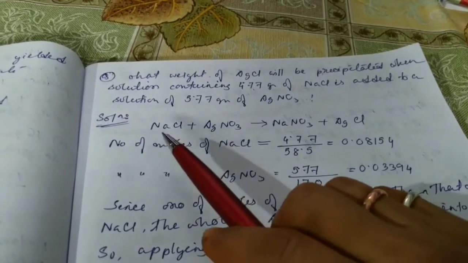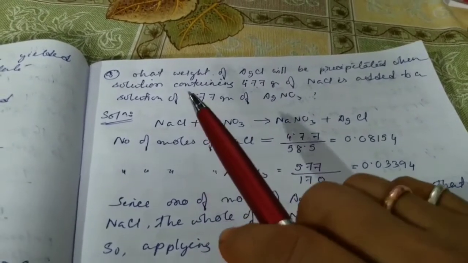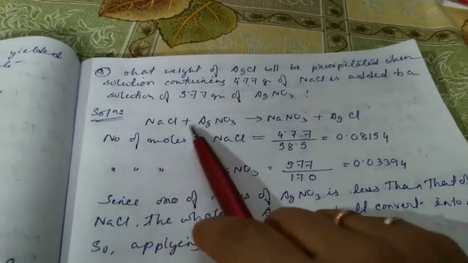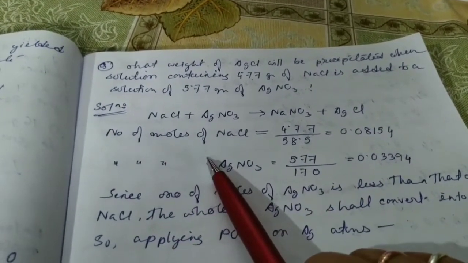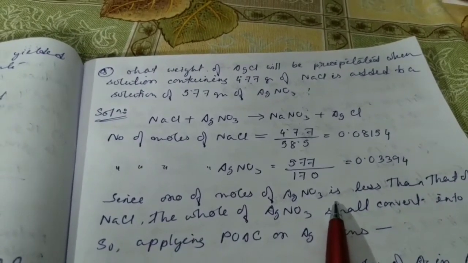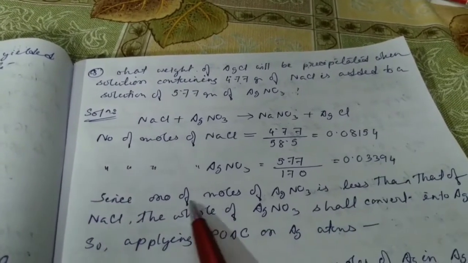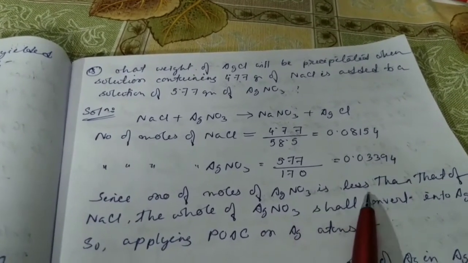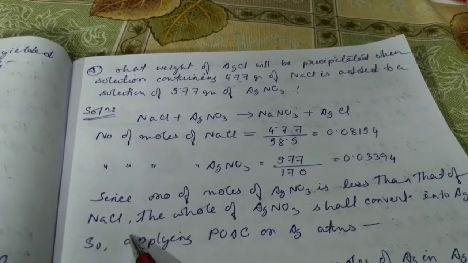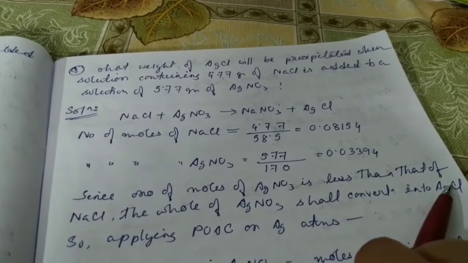On which atom can you apply POAC? In such type of problems you have to see which reactant has been completely consumed, and this can be interpreted from the number of moles of the reactant. Since the number of moles of AgNO3, 0.0394, is less than that of NaCl, that means the whole of AgNO3 will be converted to AgCl.